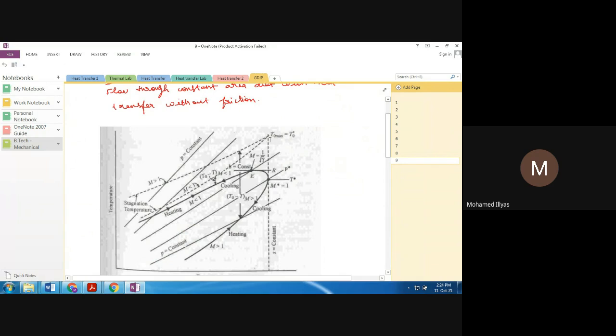So the supplying of heat is limited in the case of a Rayleigh flow. We cannot keep on supplying heat, because here we have the limiting state. If it exceeds, it means a decrease in entropy, which is not possible. That's why we got this limiting state.